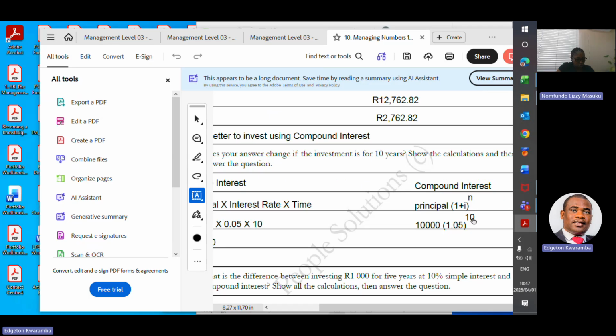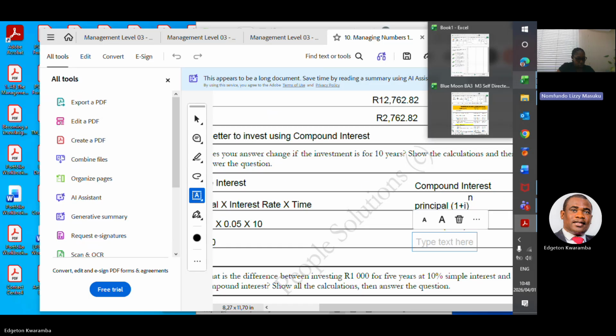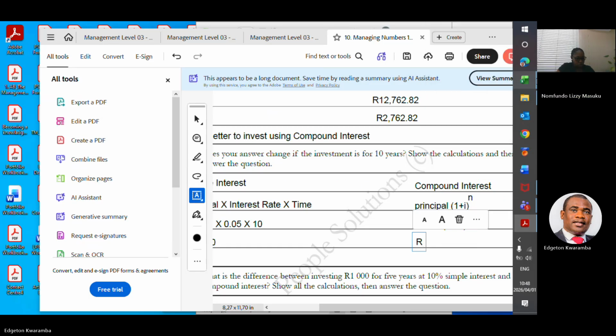I'm just saying 1.05 because 1 plus 0.05. Then put 10. I've got 1.628894. Correct. And then now multiply it times 10,000. 16,288.95. Okay, 0.95, correct.